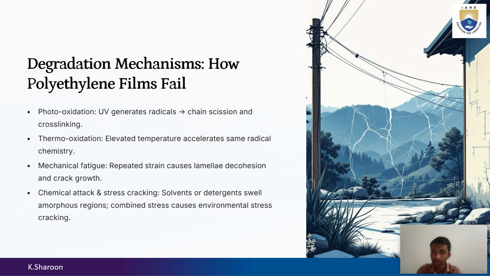The second one is thermo-oxidation. Elevated temperature accelerates the same radical chemistry. So here the temperature is increased, and due to that the polyethylene film fails. And mechanical fatigue: repeated chain strain causes lamellar decohesion and crack growth.